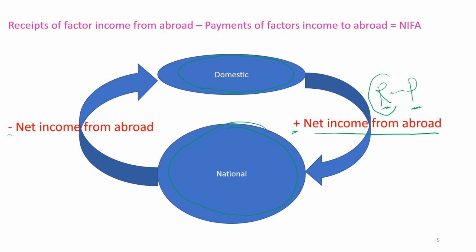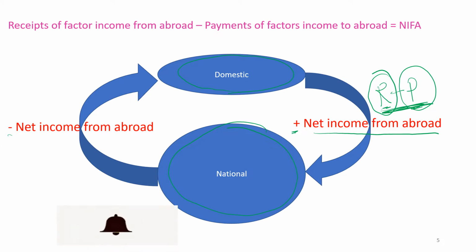That we call receipts. In a similar manner, foreigners may be working in our country and we are making payments to them. They will take that outside the country. That means we are paying foreigners who are working in our country.